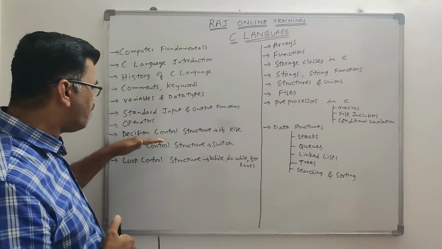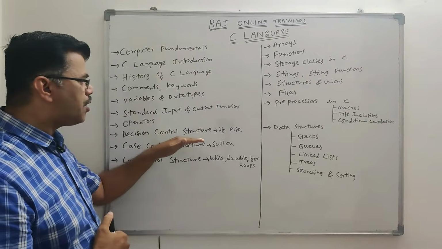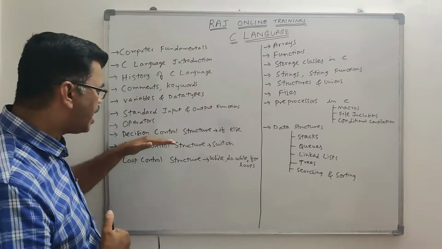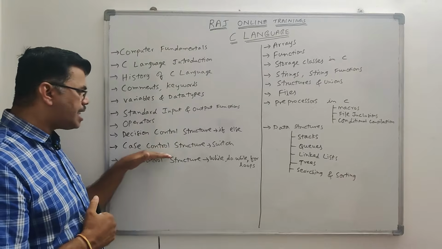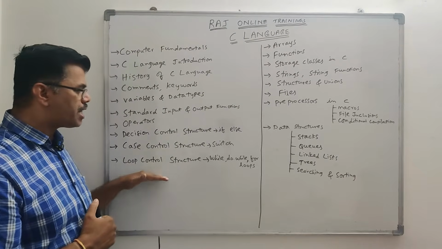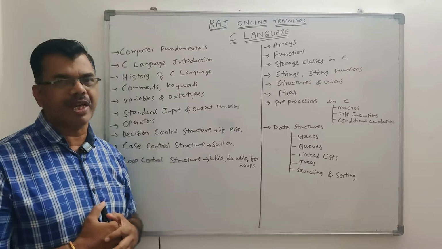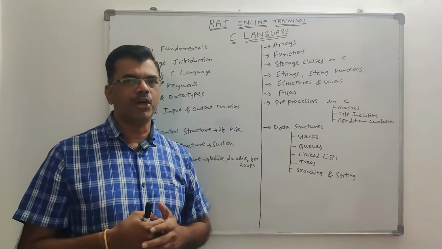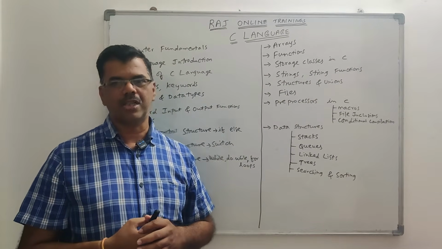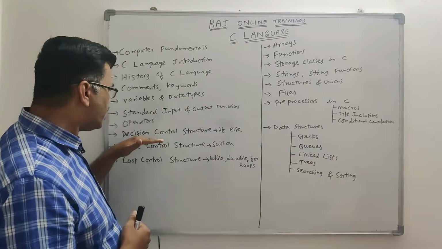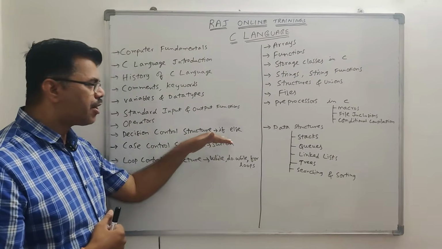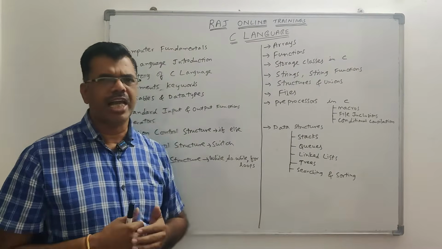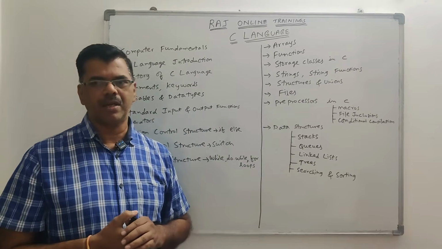Then the next important one is decision control structure. Decision control structure, case control structure, and loop control structure, these three topics are very important for us when you want to improve our programming and logical skills. When you go with decision control structure, we are going to learn about the if statement, or you can even say if else statement.